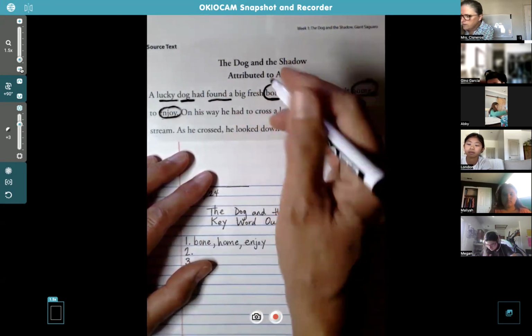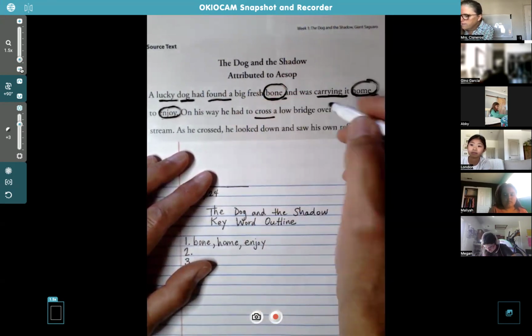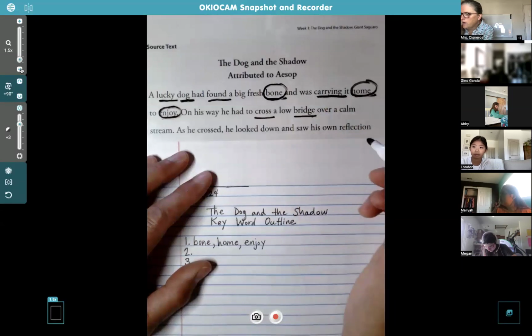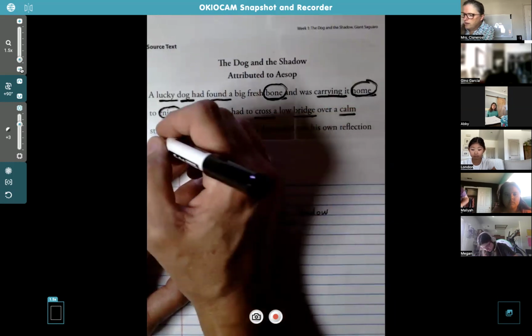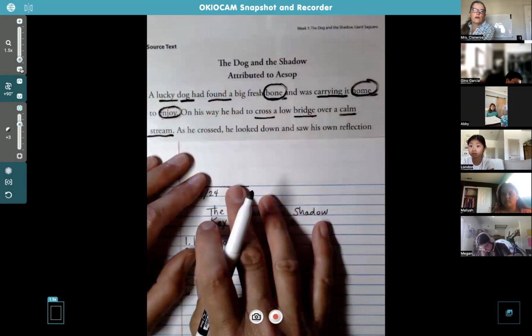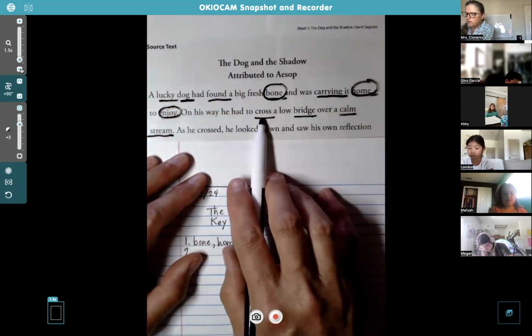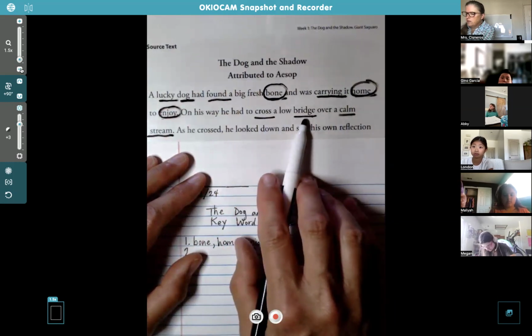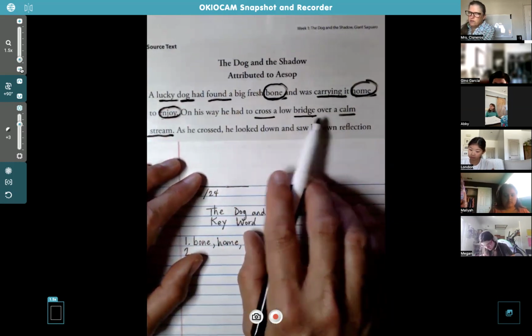Bridge is a keyword. Calm and stream, those are good keywords. So underline cross, bridge, calm, stream.